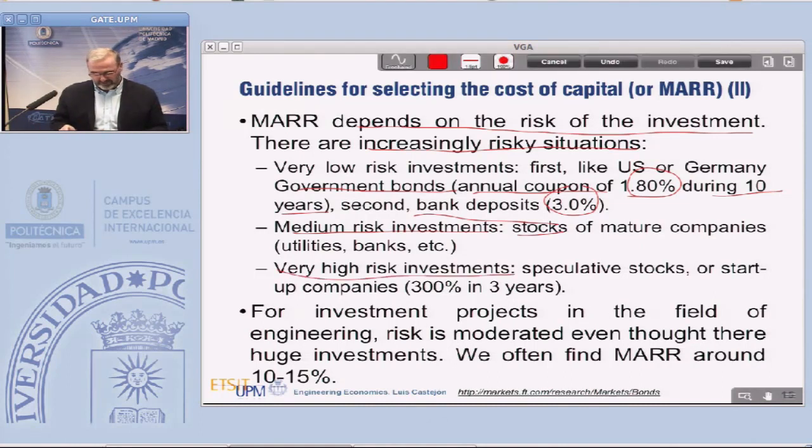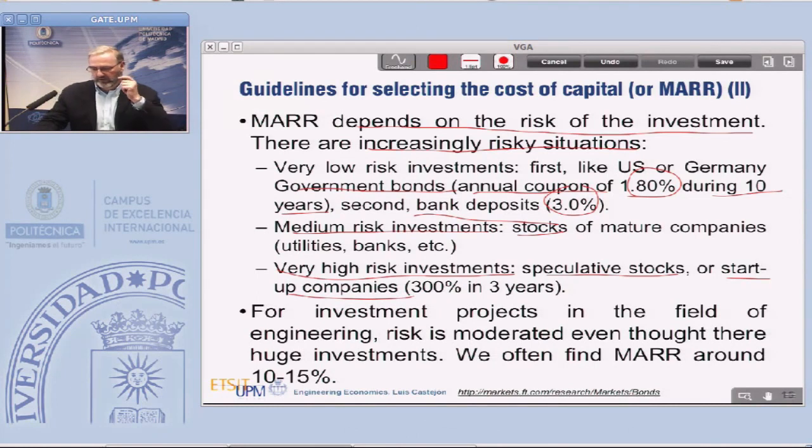But the problem with those investments is that they have a lot of risk in terms of the kind of things you are buying. You are investing in probably speculative stock that can change its price a lot every day or in a week. So you can earn a lot of money, or you can lose all your money. Or you can buy startup company shares.